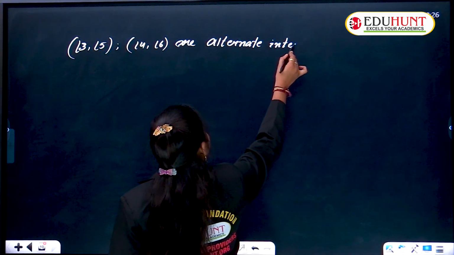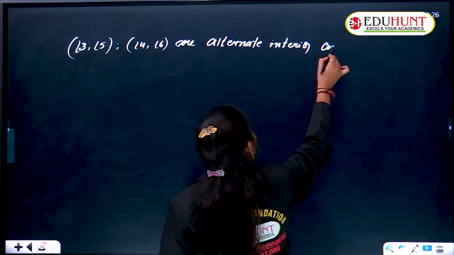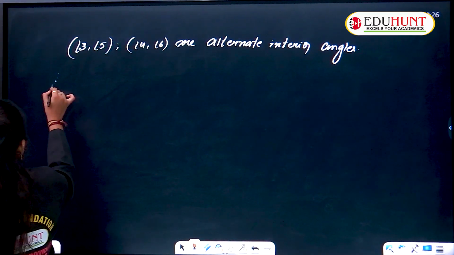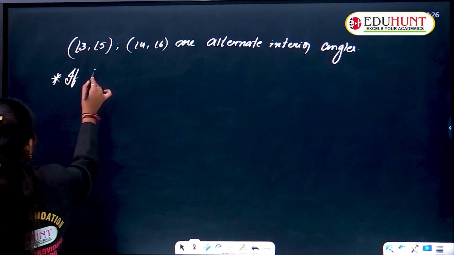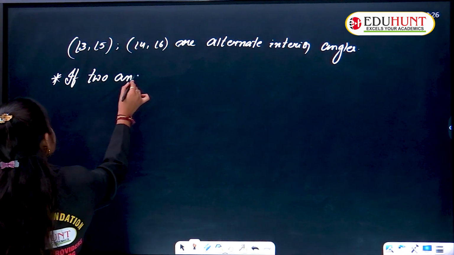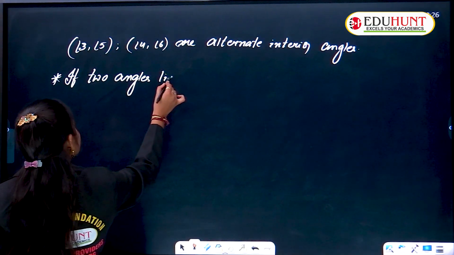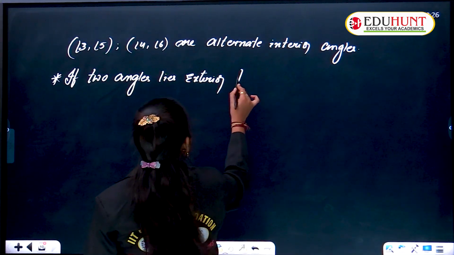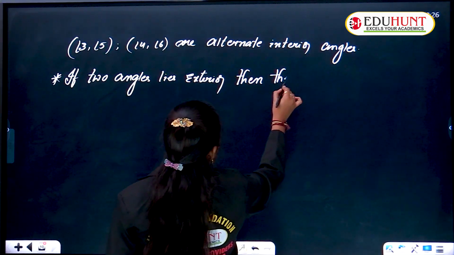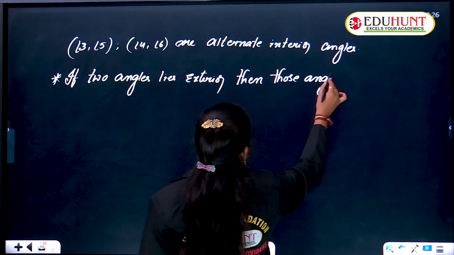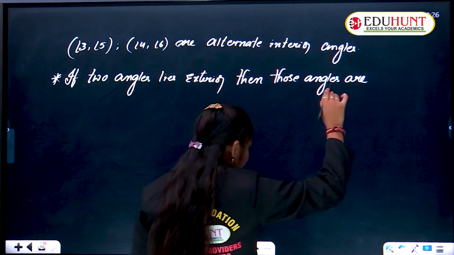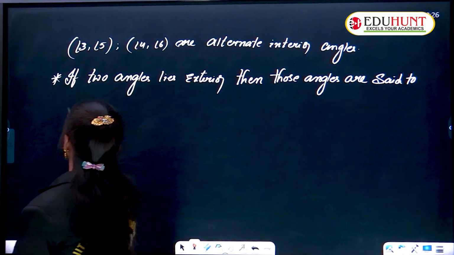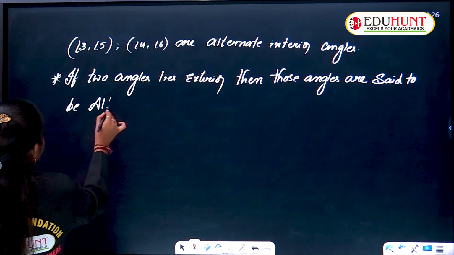Alternate interior angles. Understood? Next, alternate exterior angles means if two angles lie exterior, then those angles are said to be alternate exterior angles.